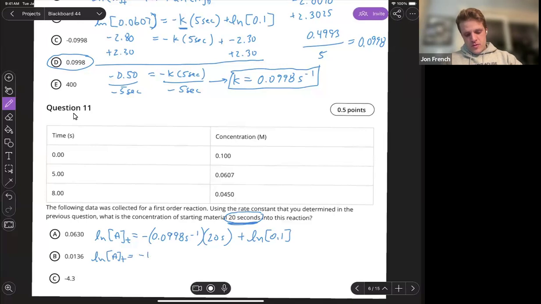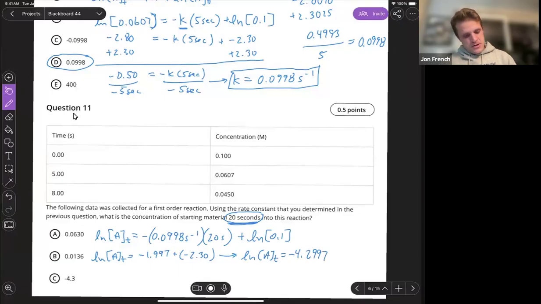And I get negative 1.997. And we get negative 2.30. So I get natural log of concentration at time t equals a negative 4.2997.